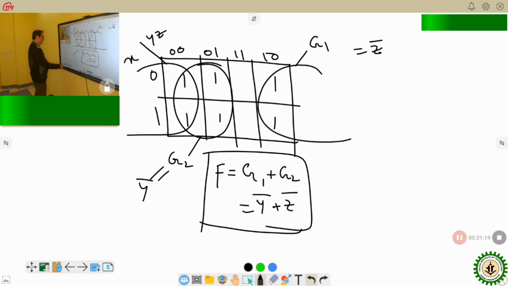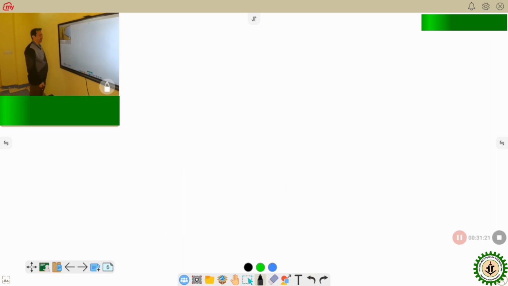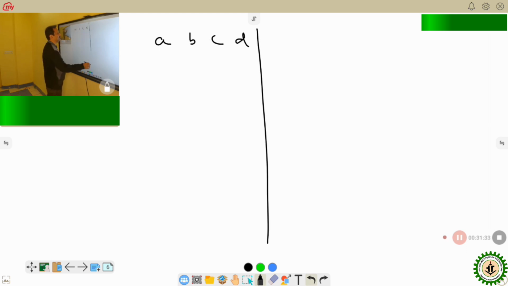Next, if I consider 4 variables, what will happen? 4 variables means 2 to the power 4, which means 16 combinations. Suppose the inputs are A, B, C and D, and this is the corresponding output.